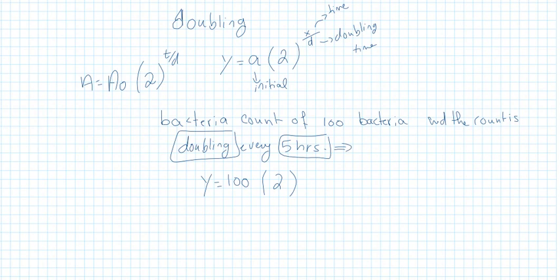So this is your doubling time, which is your D. X is going to have to stay X unless I say, how many bacteria do you have after 24 hours? Then you put 24 for X and solve for it. X is your variable, right? Otherwise, it won't be exponential. Because remember, exponential means the exponent is a variable.